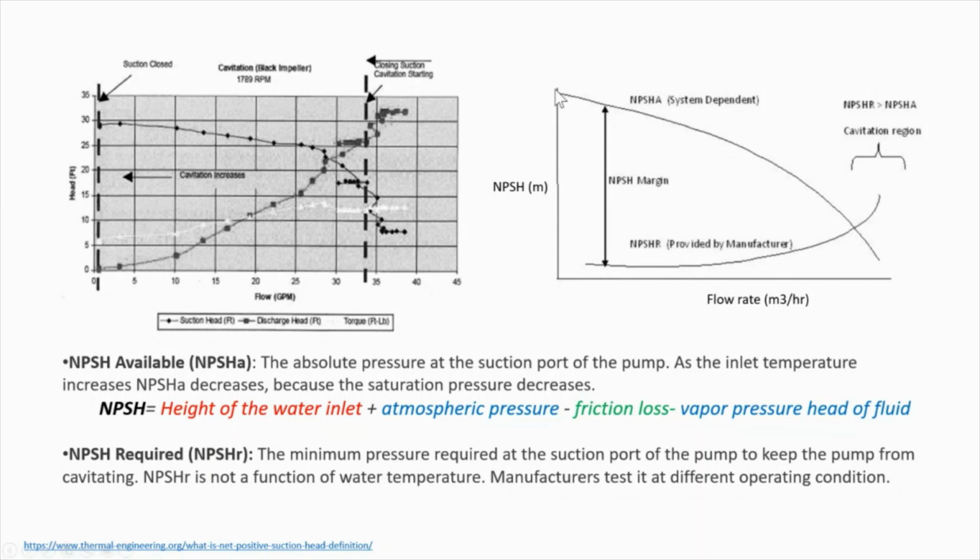So let's say you start here, and you keep pumping more and more fluid. Over here, your available pressure is barely making the minimum, right? But after this point, whatever pressure you need is just not in the system, so you're going to see a lot of cavitation.